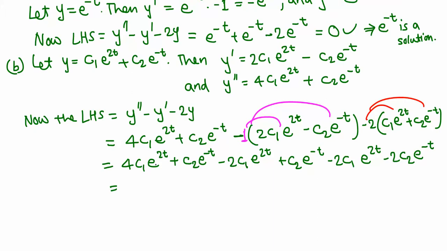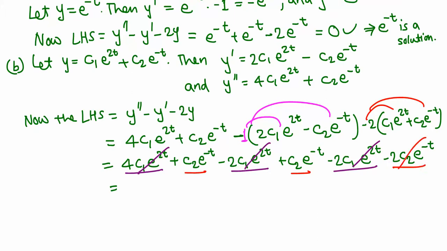For e to the 2t: c1 e raised to 2t, negative 2c1, negative 2c1, negative 4c1, and positive 4c1. So this one cancels with these two. In the same way, c2 e raised to negative t, c2 e raised to negative t, 2c2 e raised to negative t, positive, positive, positive, and negative.